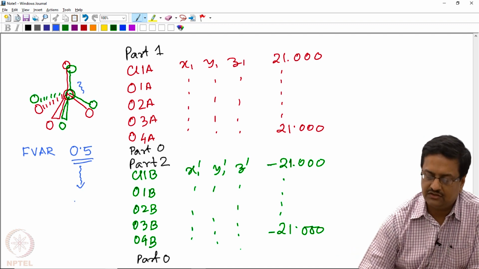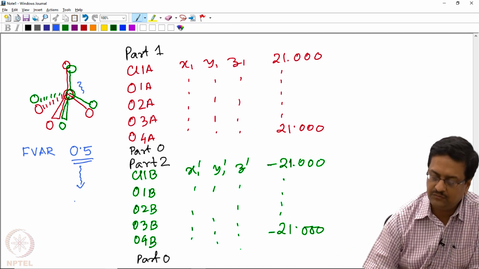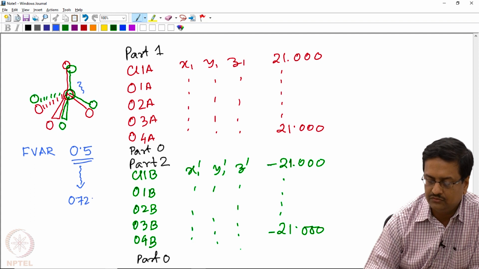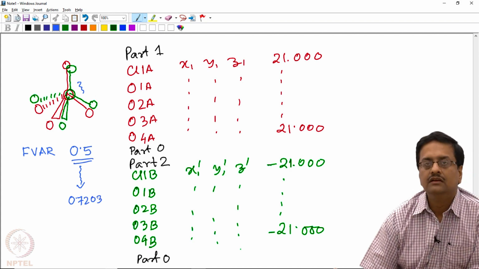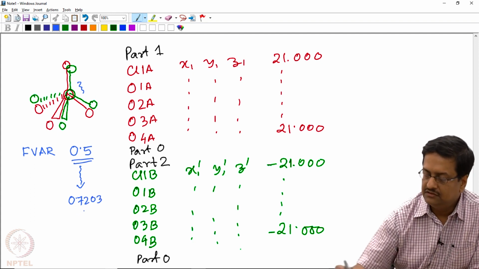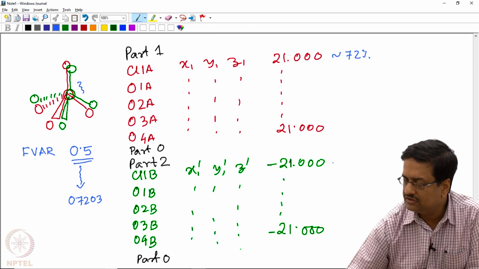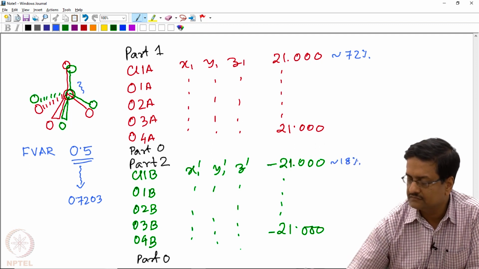It may so happen that on doing several rounds of refinement, this FVAR parameter stabilizes down to like 0.7203, which means this is about 72%, and this is the remaining, which is about 28%.